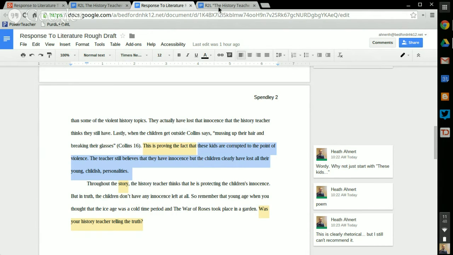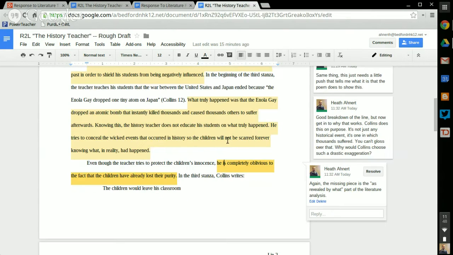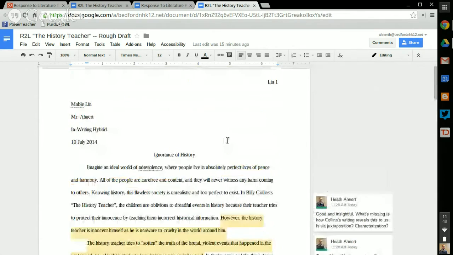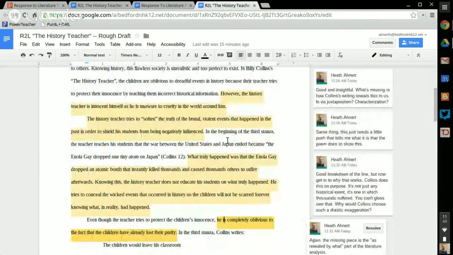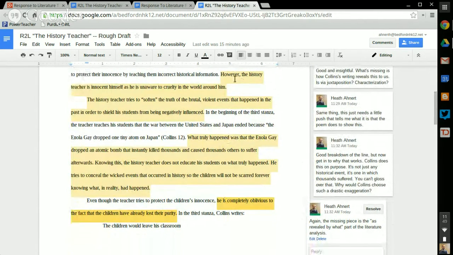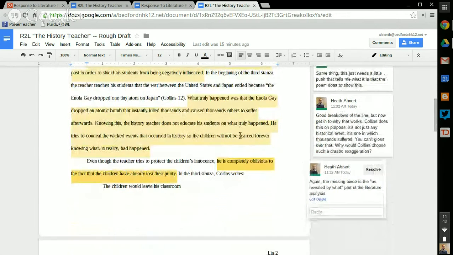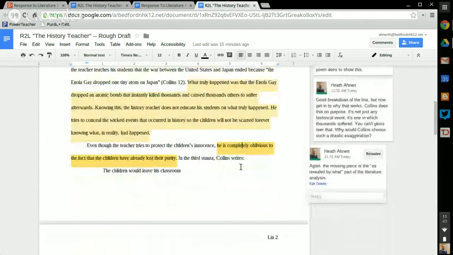All right. And the last thing, I want to look at this should be Maples. All right. You guys are doing some really good stuff with that. You are connecting the literature to things that are going on in the world around you, which means that your papers have high relevancy. That's what you should be doing. So she talks about that the history teacher is completely oblivious to the fact that the children have already lost their purity.